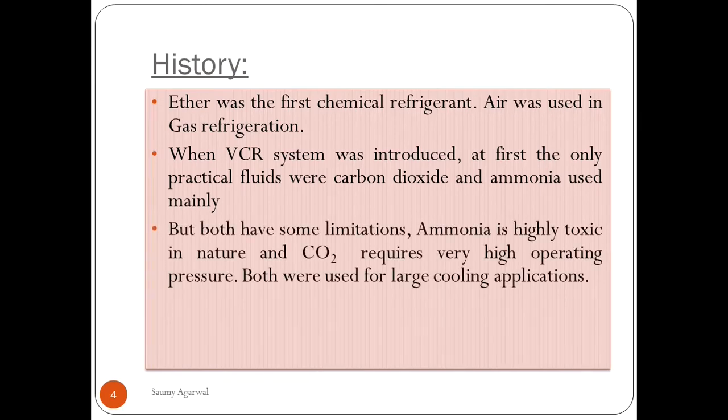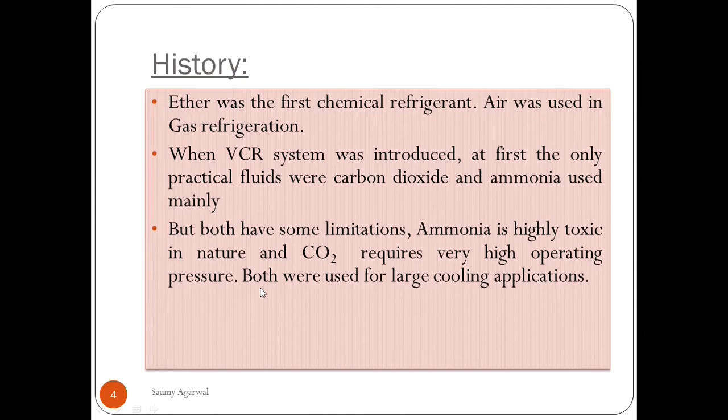Okay, but both carbon dioxide and ammonia have some limitations. Ammonia is considered highly toxic in nature, and CO2 requires high operating pressure. In case of ammonia, if it is leaked, there is a safety hazard for the operator. In case of CO2, it requires very high operating pressure.